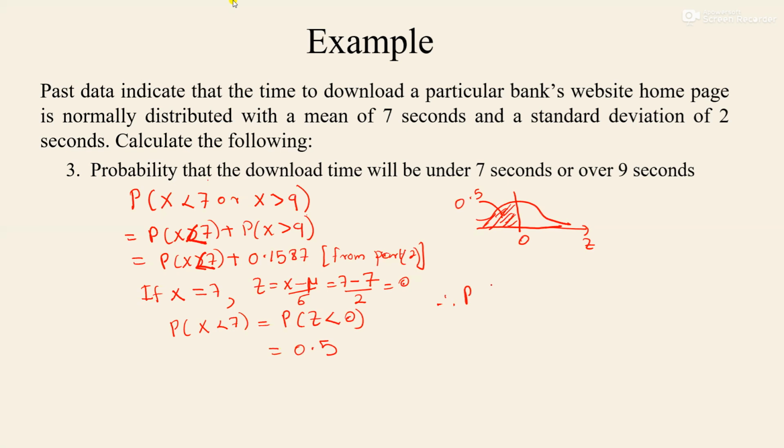Therefore, the probability of X less than 7 or X greater than 9 is equal to 0.5 plus 0.1587, that is equal to 0.6587, which is 65.87%.